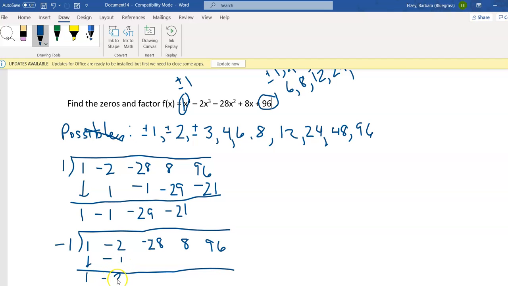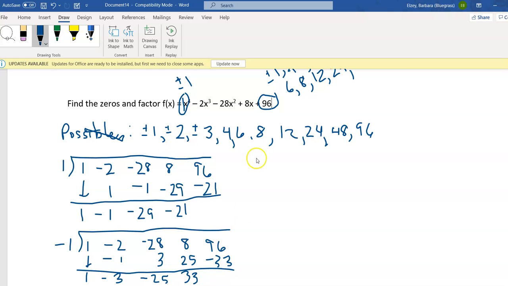Add, that's negative 3. Negative 1 times negative 3 is positive 3. Add, it's negative 25. Negative 1 times negative 25 is 25. Add, that's 33. Negative 1 times 33 is negative 33. And once again, we see that's not going to add to 0, so it's not negative 1.